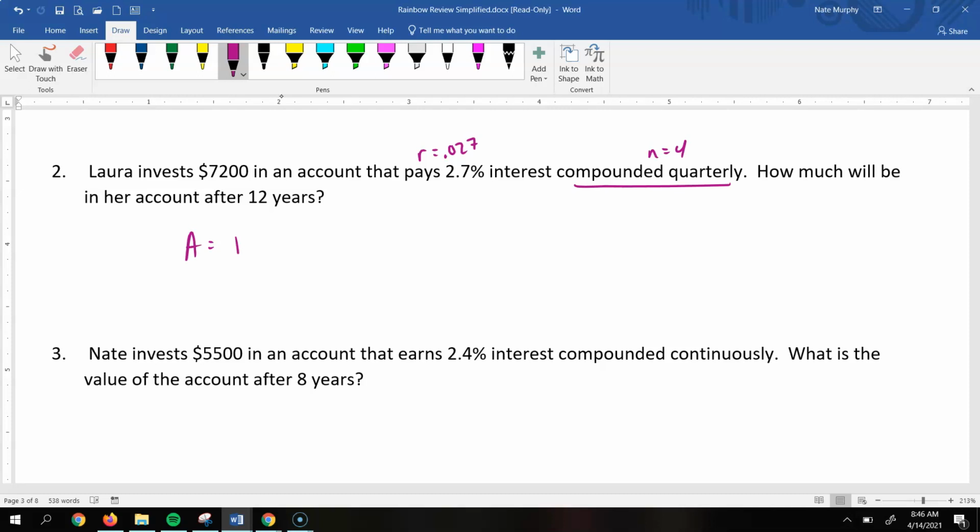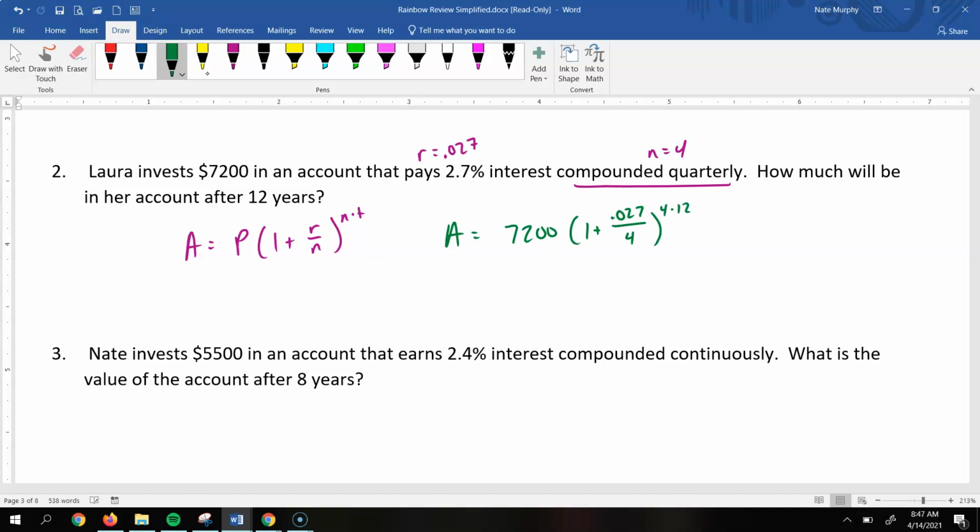Our formula would be p times 1 plus r over n, then our exponent's n times t. So we would have 7,200 times 1 plus 0.027 divided by 4. Then our exponent's going to be 4 times 12.